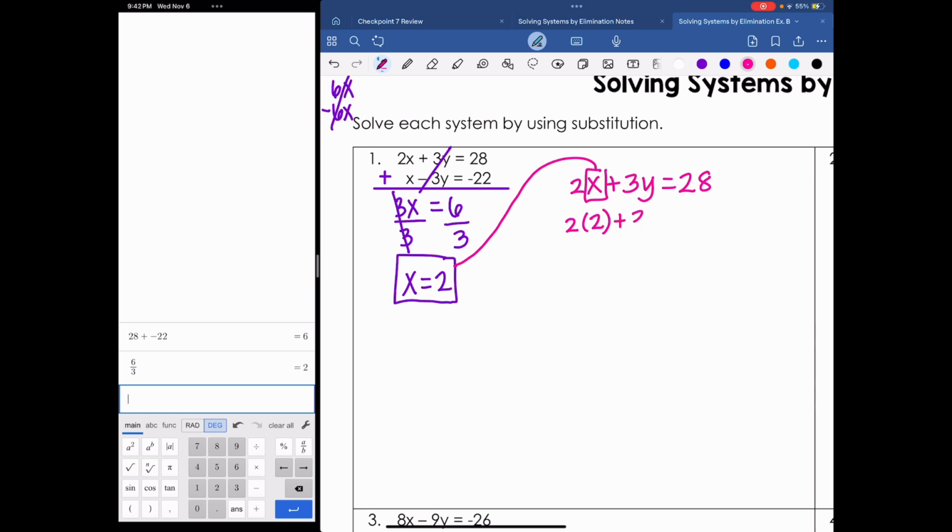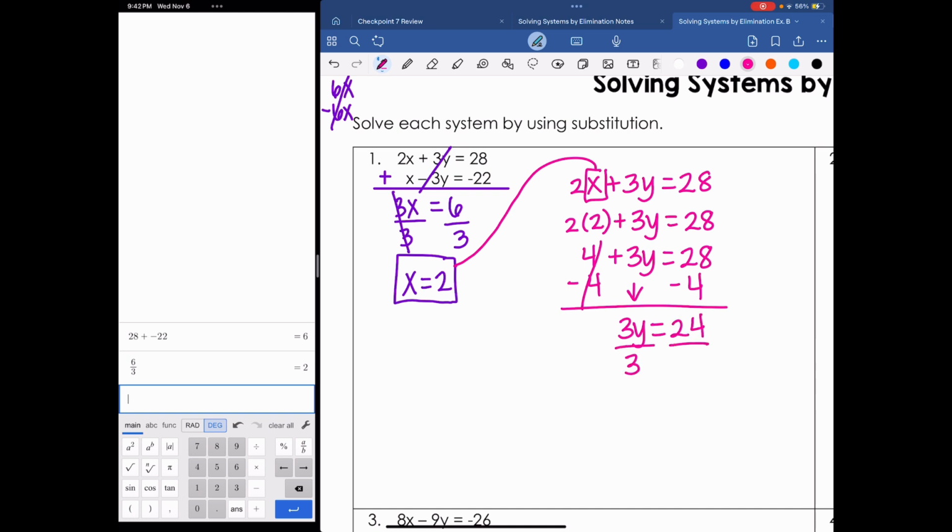So I have 2 times 2 plus 3y equals 28. Now, I know what the value of x is. I'm looking for the value of y, so I'm solving for y here. 2 times 2 is 4. Drop down plus 3y equals 28. Again, solving for y, I need to now remove the constant by subtracting 4. 28 minus 4 gives me 24.